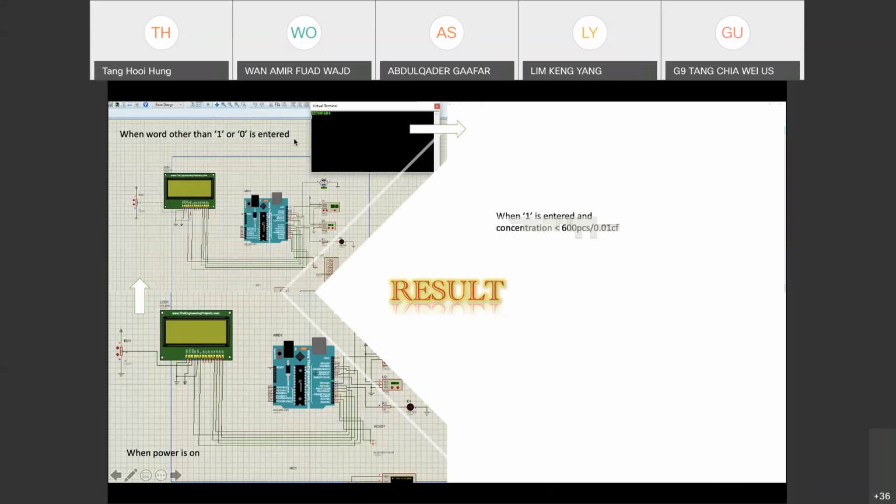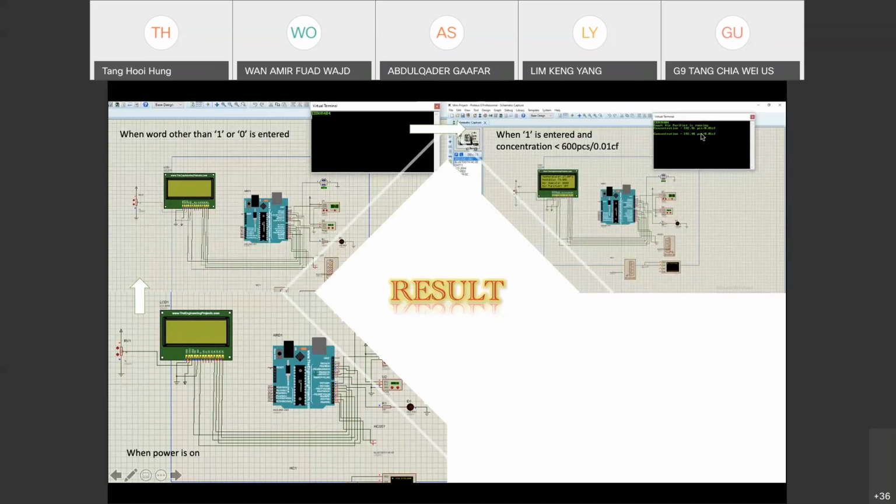When we press 1, it will show that the smart air purifier starts running, and when the concentration is lower than 600 pieces per 0.01 CF, where 1 CF is equal to 283 liters, you can just convert, but here we use the unit of pieces per 0.01 CF. As you can see, the air quality is good and the air purifier is off.